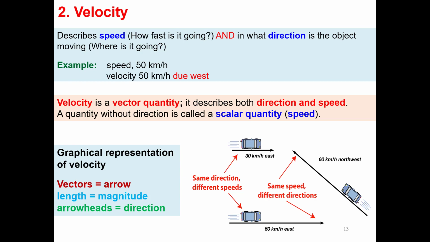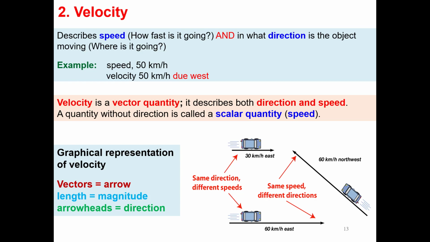If in physics, to describe a quantity we need the number and the direction, meaning the magnitude and the direction, then we call that quantity a vector quantity.